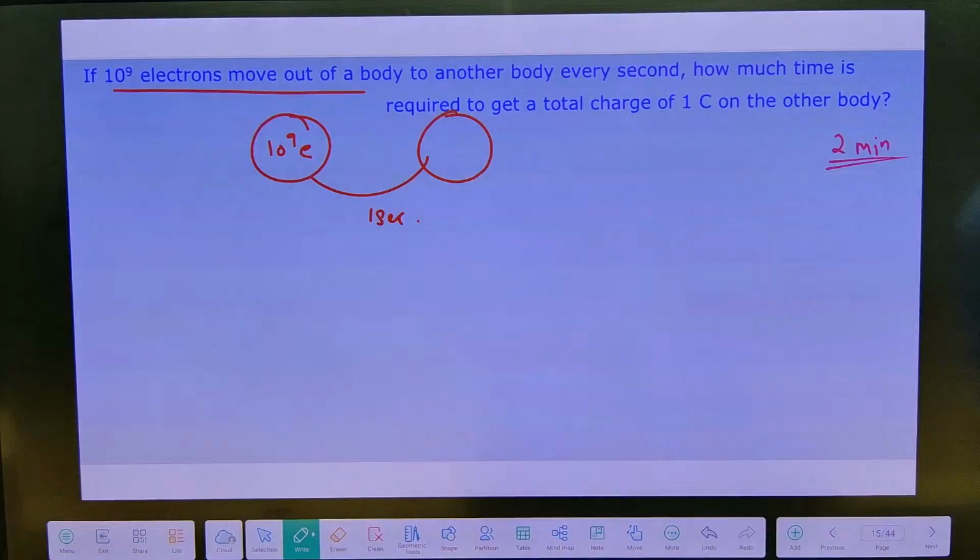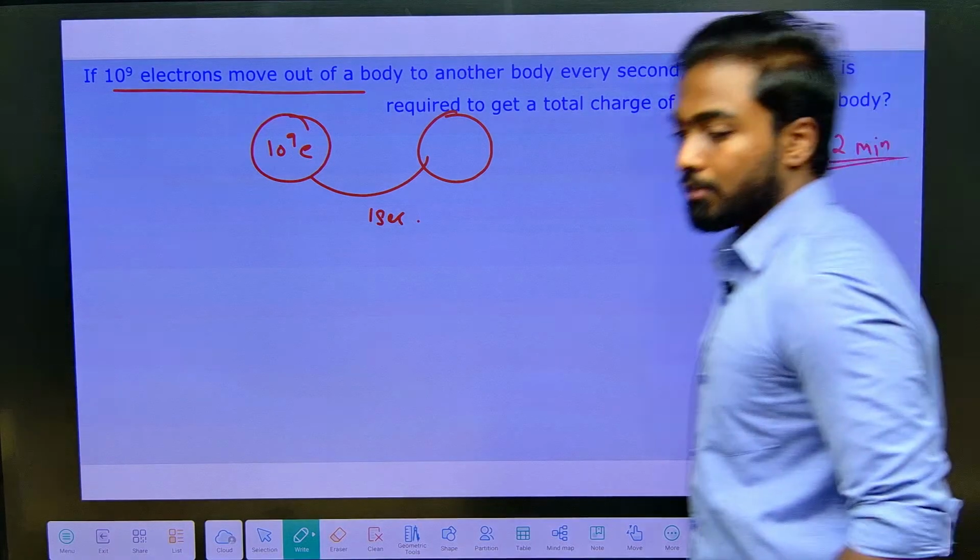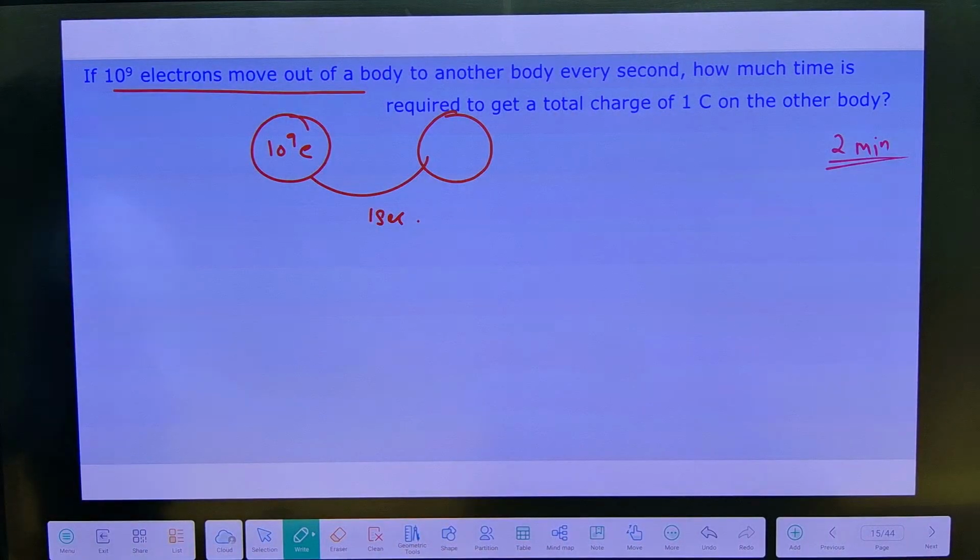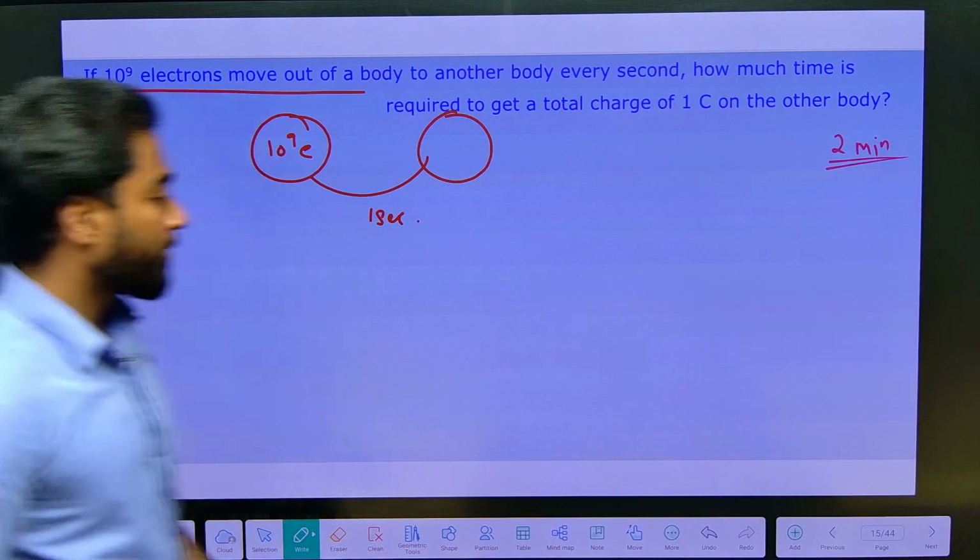So, last 1 minute. Done? Okay, we will see the answers now.